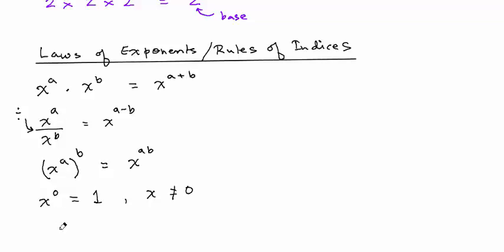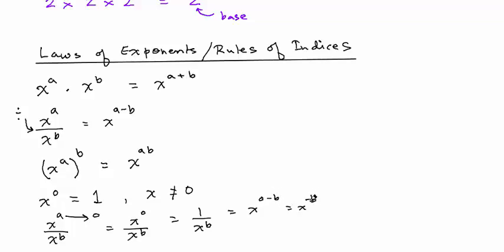So we have x raised to the a over x raised to the b. Set a equal to 0, so we have x raised to the 0 over x raised to the b, and we just learned that this is equal to 1. So 1 over x raised to the b is what we have. And that is equal to, if you apply the formula, x raised to the 0 minus b, which is x raised to the negative b.